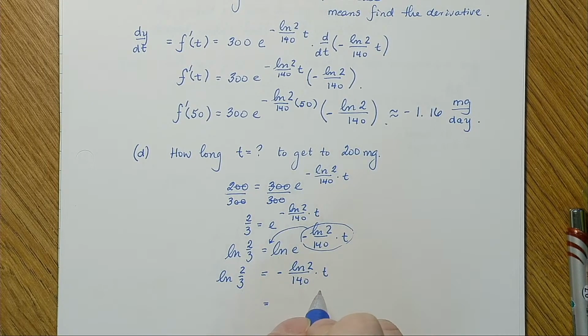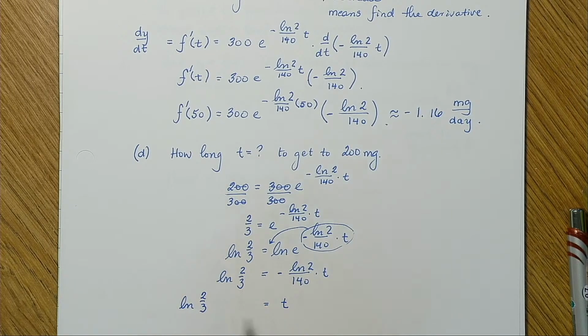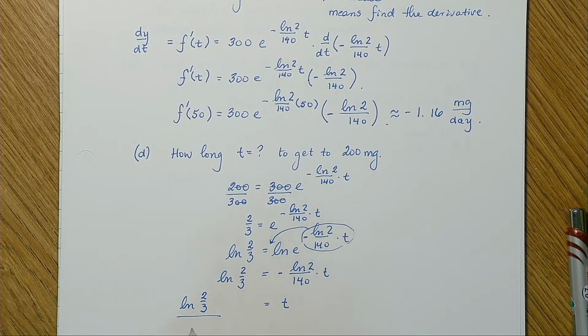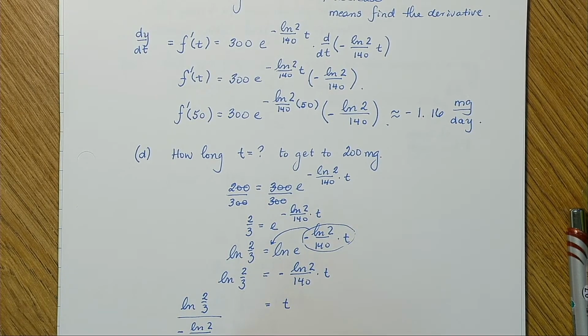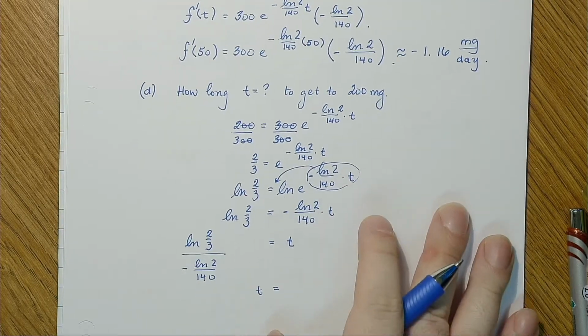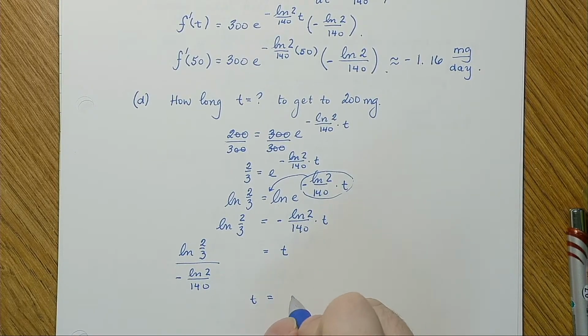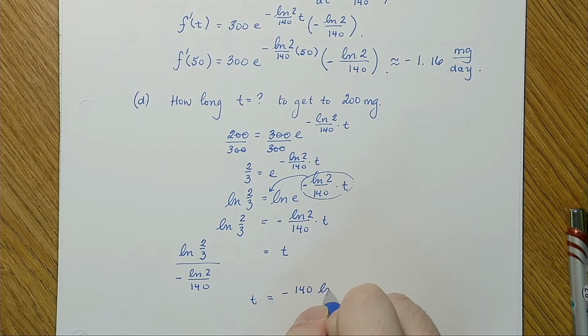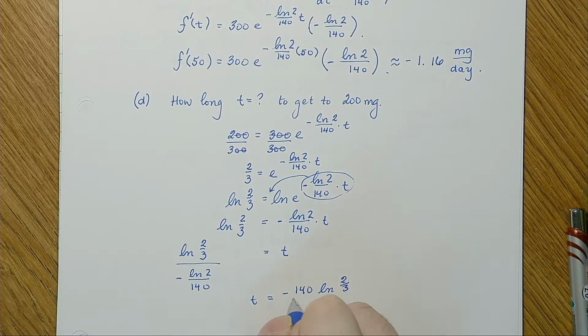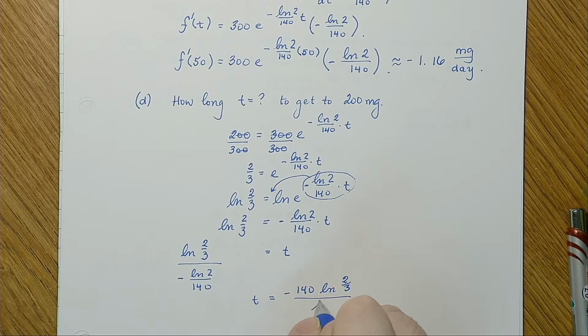And to solve for t, bring that over to this side, ln 2 over 140. So that gives me negative 140 ln 2/3 over ln 2.